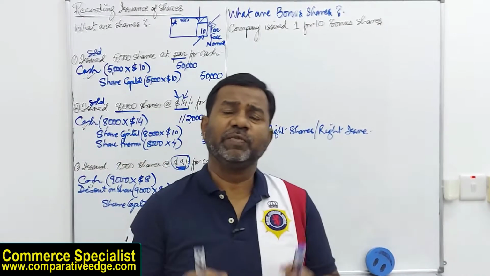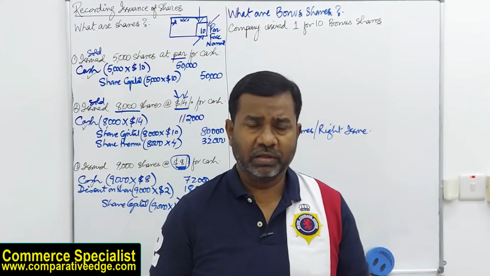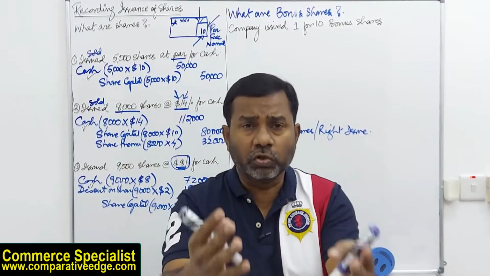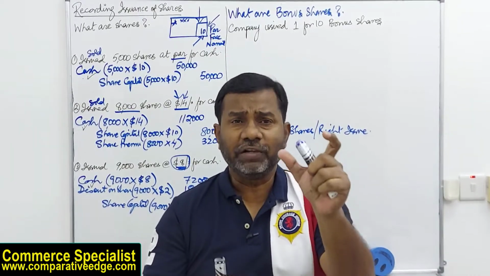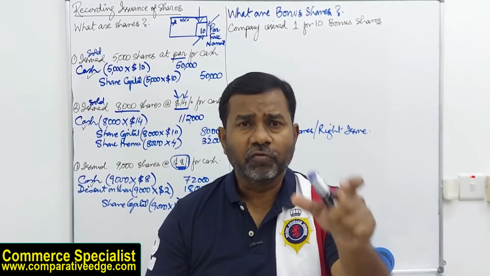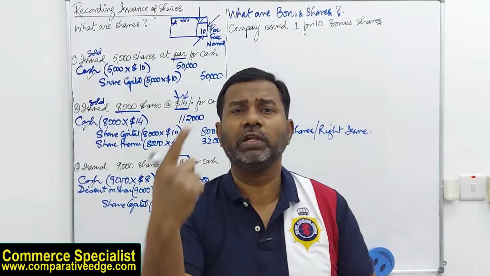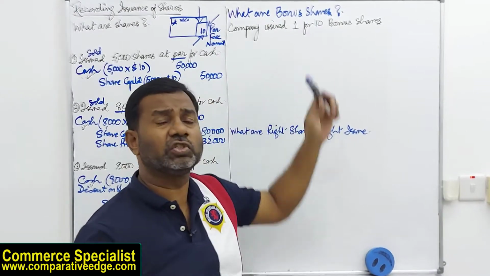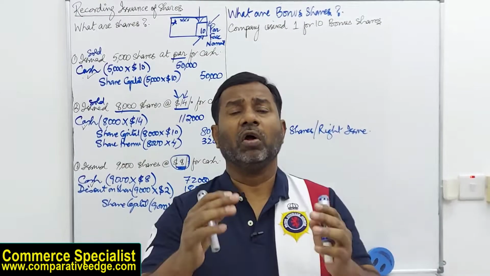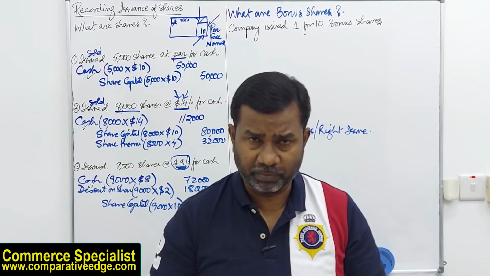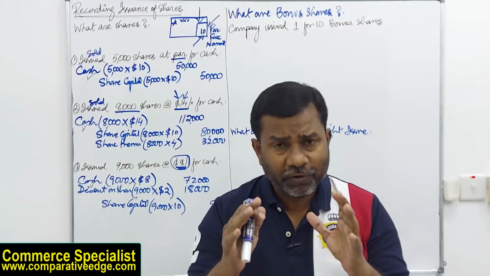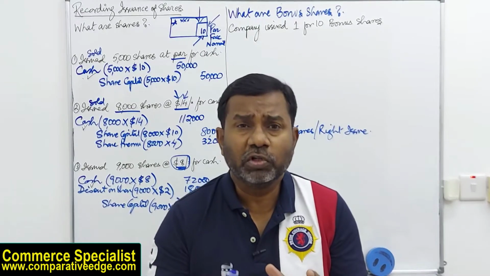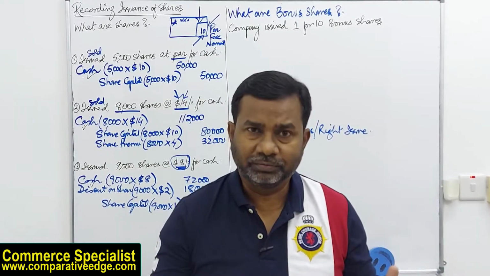Now what does this mean? 1 for 10. This means if I am the company, I am selling shares to you. If you have 10 shares already, for every 10 shares you will get 1 new share. This means 1 new share for every 10 shares already held by the existing shareholder. So the very first task for us is to calculate how many bonus shares we are issuing in total.